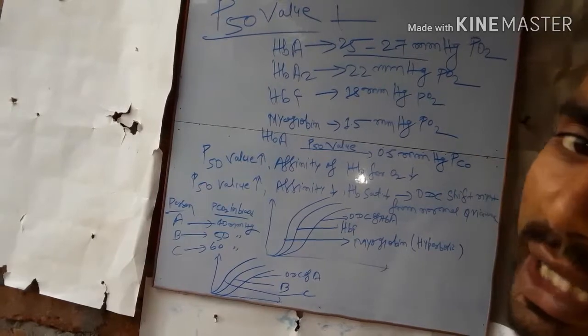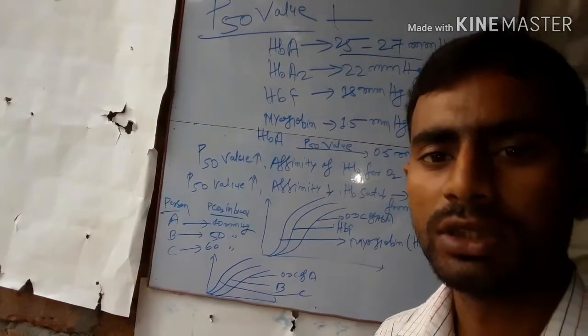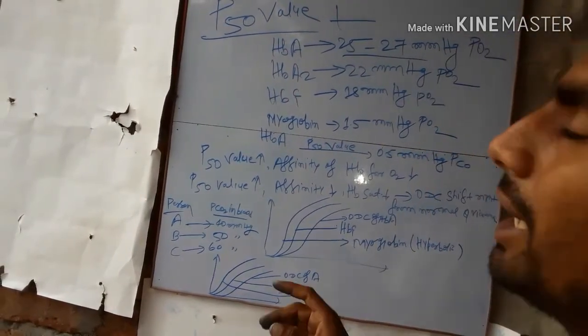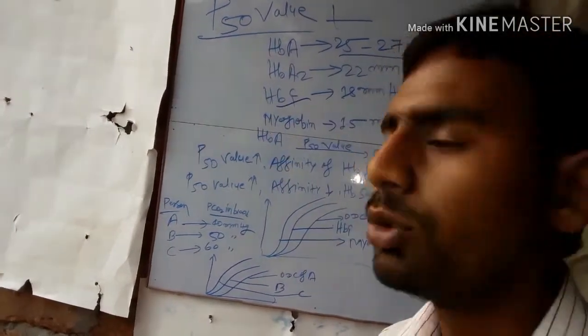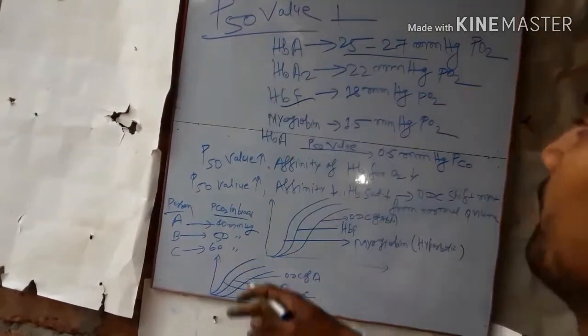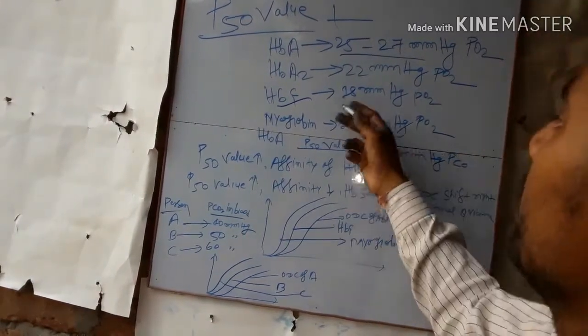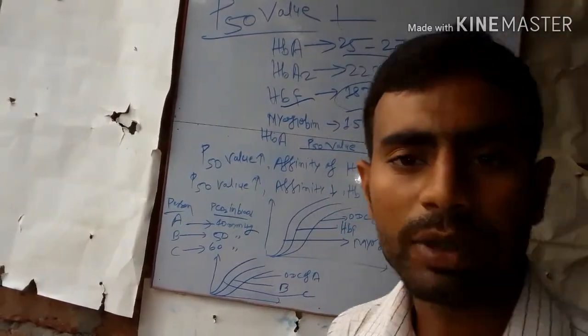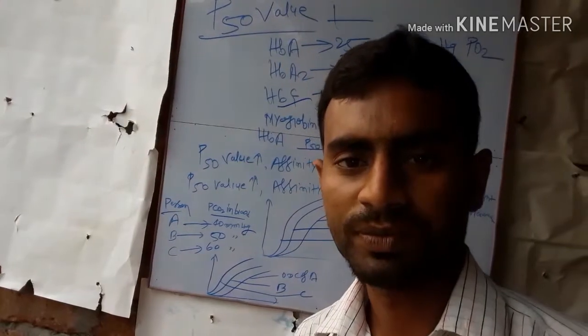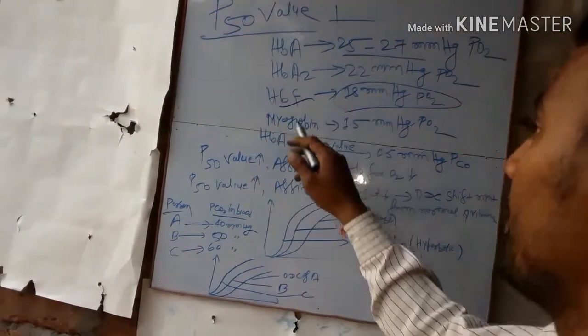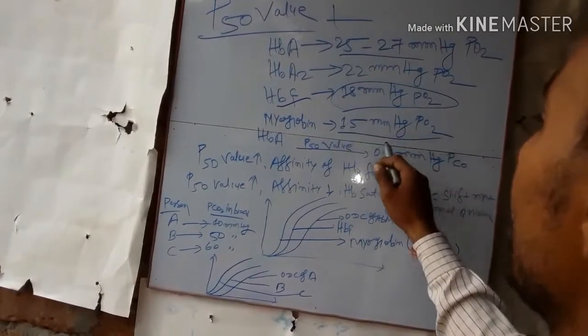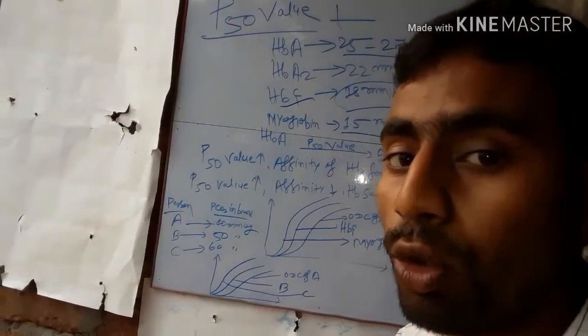You know that mmHg is the unit. And HbF, F stands for fetus. The HbF P50 value is 18 mmHg as the partial pressure of O2.